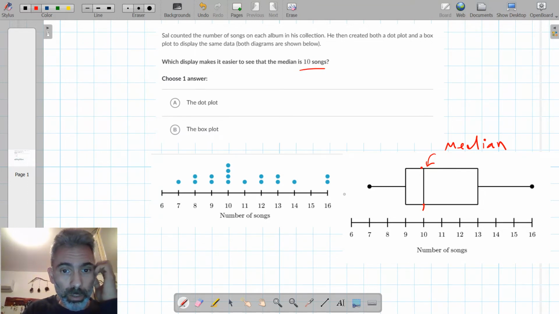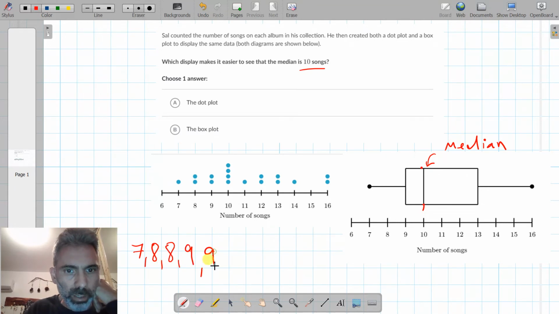But here in the dot plot, to figure out that the median is 10, we need to order the data. So we need to make something like this: 7, 8, 8, 9, 9, 10, 10, and so on. And then count the number of data points that we have and find the middle data point.